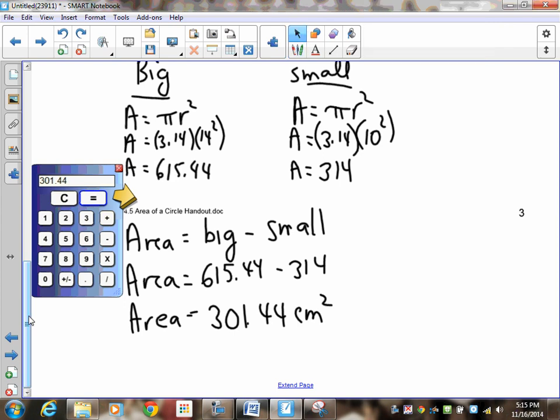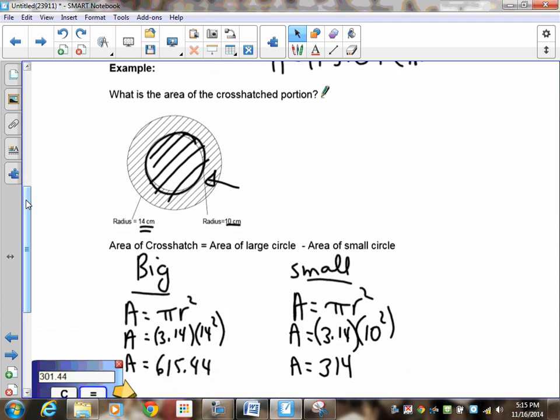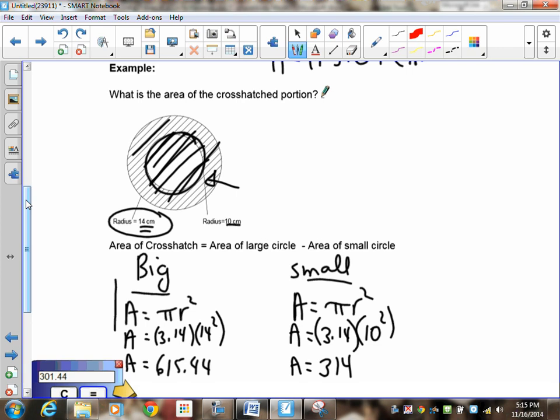All right, so how did I do this? To find the area of the crosshatch, I took and found the area of everything. That's what I did right here. Area is equal to pi r squared. Area is equal to 3.14. Using the radius of the large circle means that the area of the whole thing is 615.44. Then I found out the area of what's in the middle. Okay, and that has a radius of 10 centimeters.